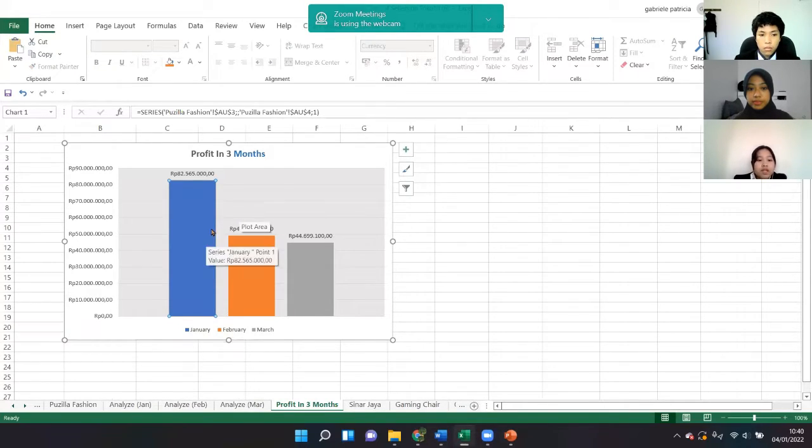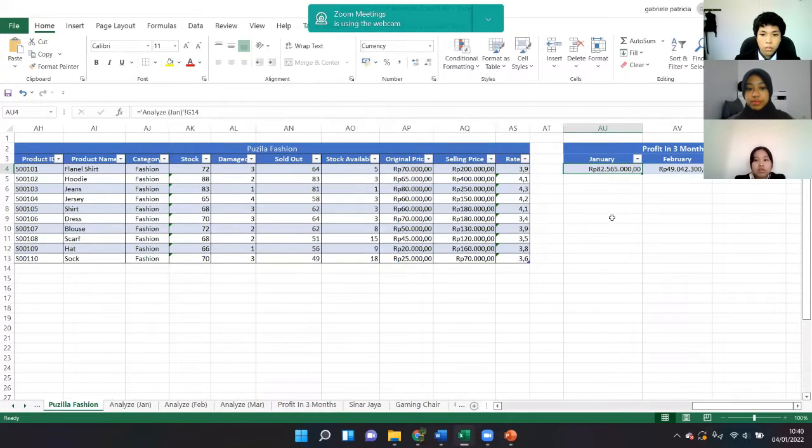Our profit data can be obtained from the worksheets Puzilla Fashion and from the analysis in 3 months. And we use the 3D reference formula to follow the profit.